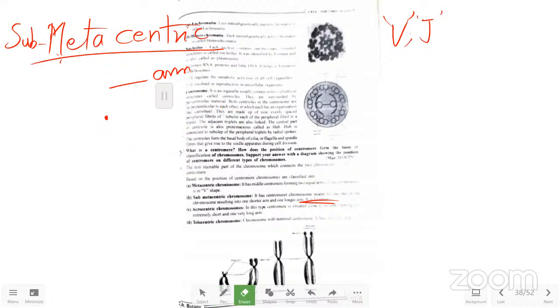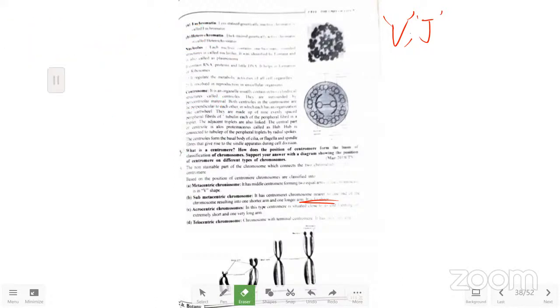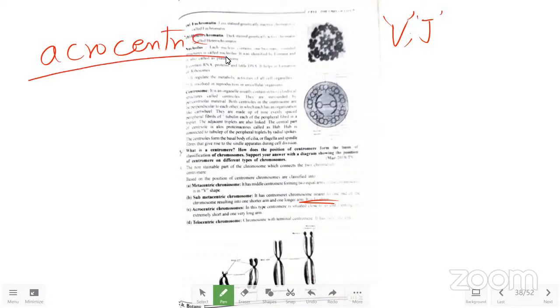The acrocentric chromosome means the centromere is placed near one pole of the chromosome, dividing the chromosome into two unequal sized arms.